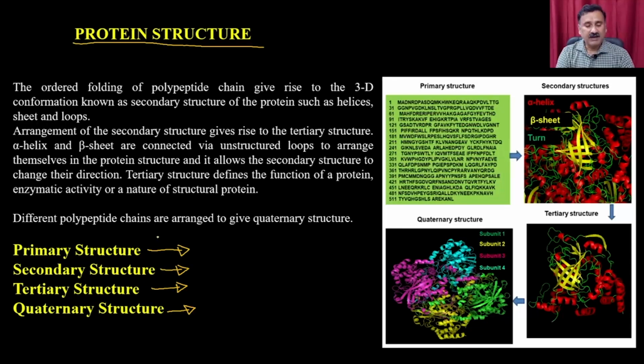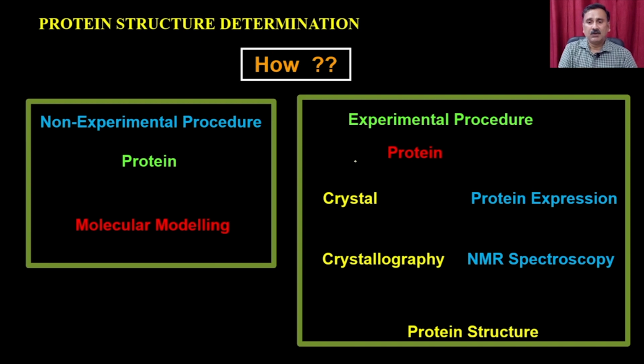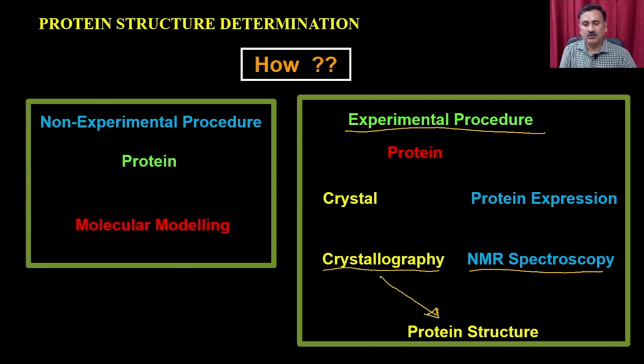While we were discussing the structure determination of the tertiary structures in the previous module, we discussed the different experimental methods. So what are the different experimental methods we have discussed? We discussed X-ray crystallography as well as NMR spectroscopy, and both of these methods give us the protein structures.